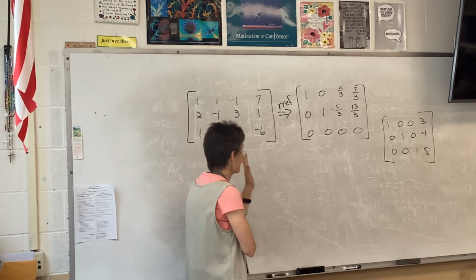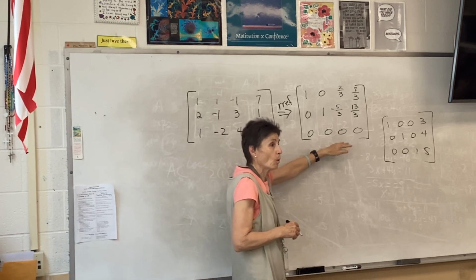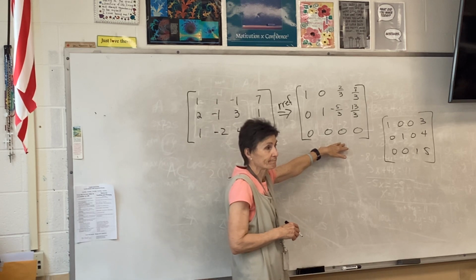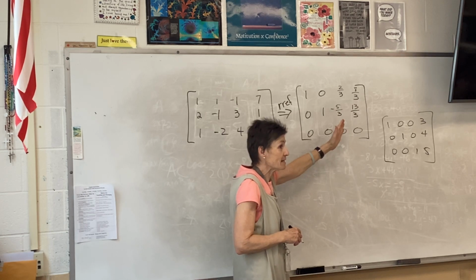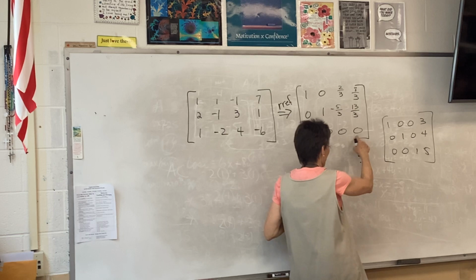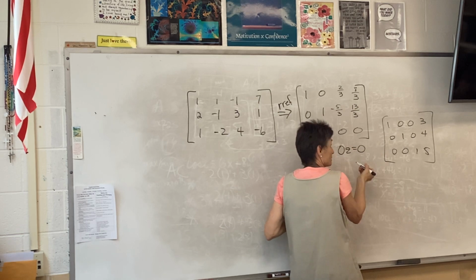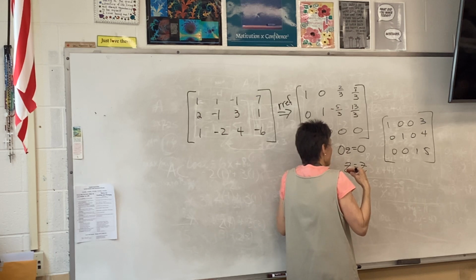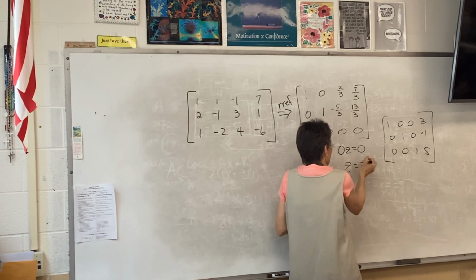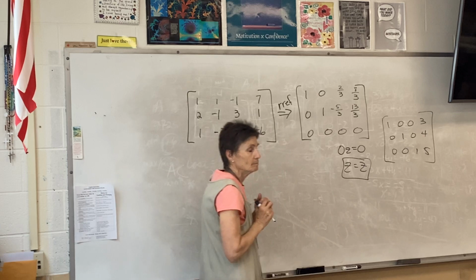That's not what this says. What do I do with this? z equals z. I don't have any idea what z is, but I know 0 of them equals 0, which means z could be anything. So to depict that z could be anything, we say z equals z.